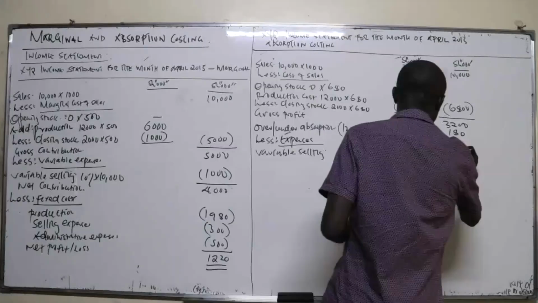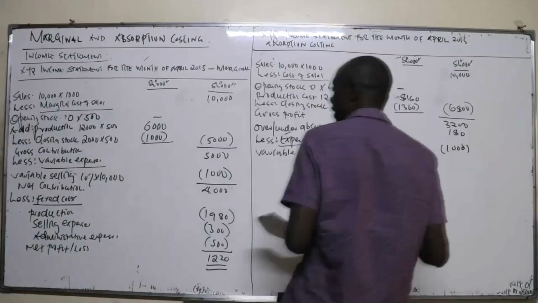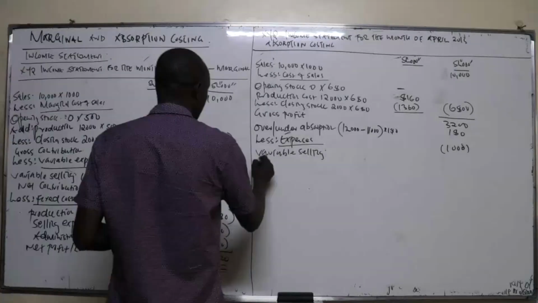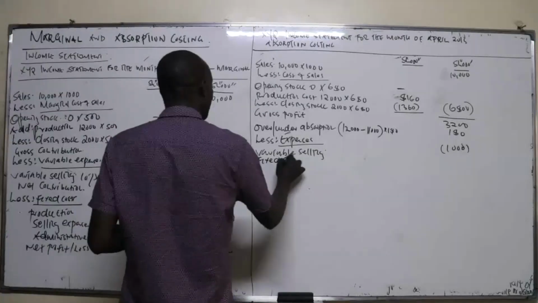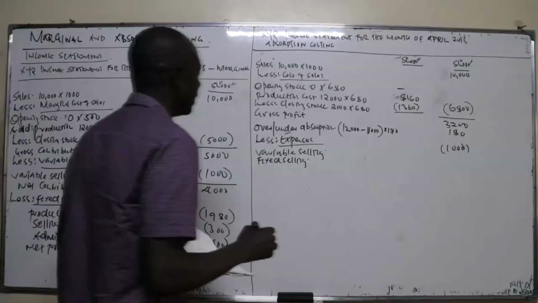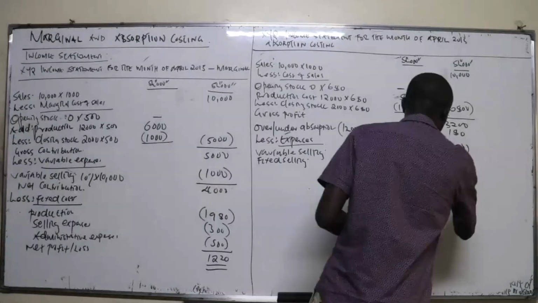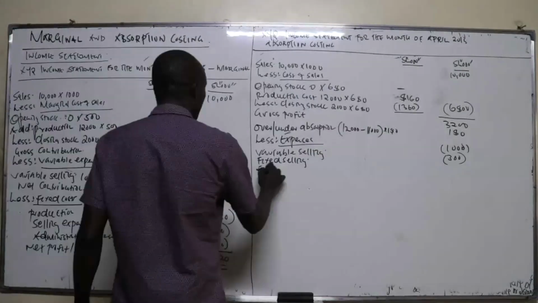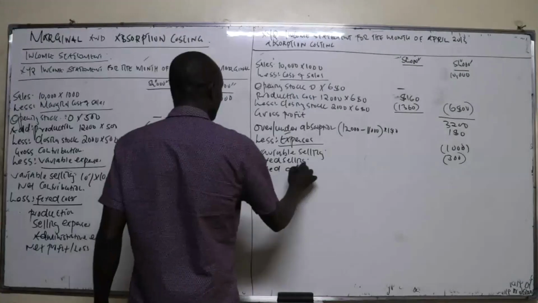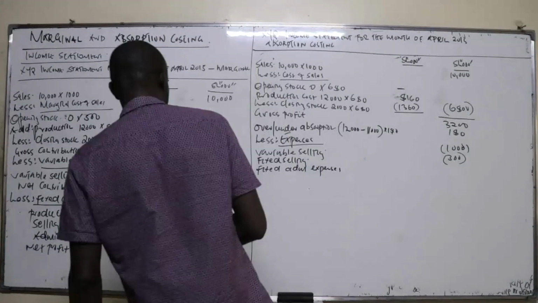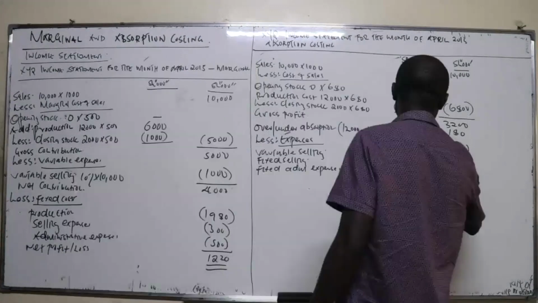And then we have fixed selling, which is 300. You less 300. And then there is administrative, fixed admin expenses, which is 500. And then here you get what we call net profit.